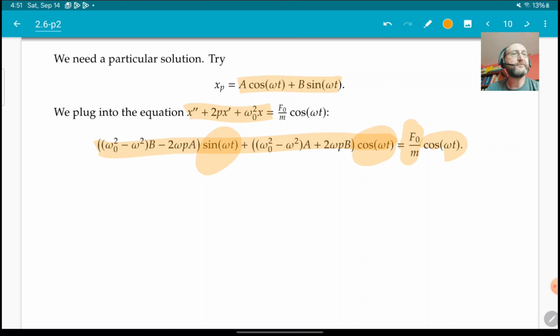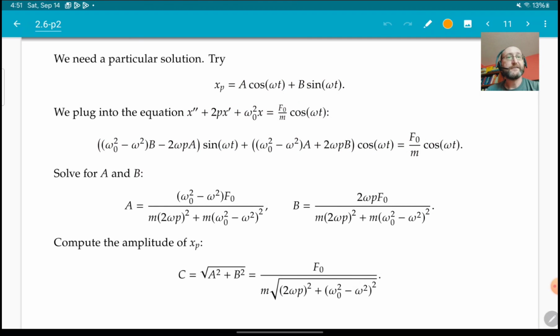So okay, that means I can figure out what these guys are, because now I know this thing had better be 0, and this thing had better be f over m, right? So solve for the a and b, right? Those guys are out here.